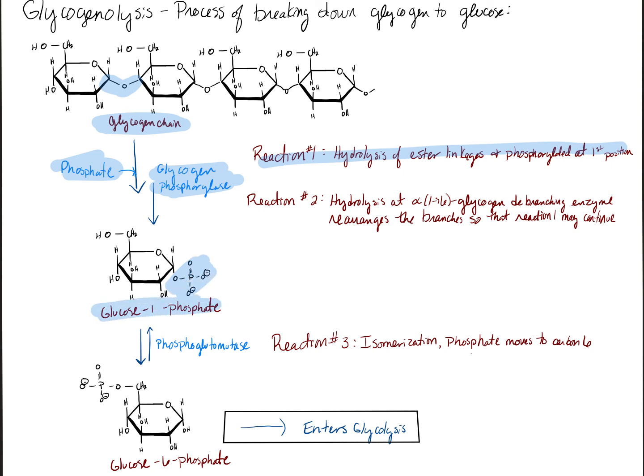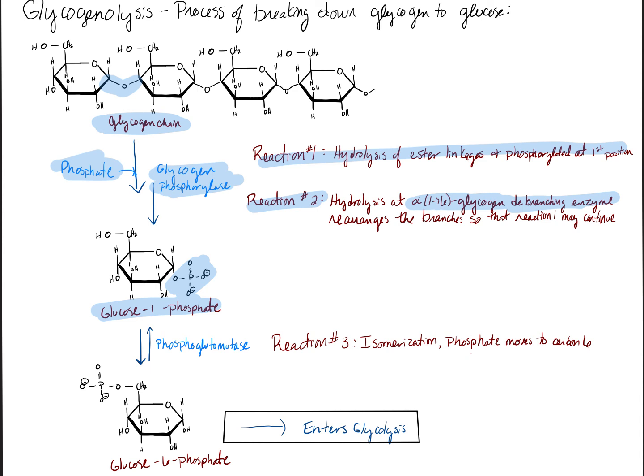Now, it's important to note that at the same time, reaction number 2 is taking care of anything that's an alpha-1,6 glycogen chain that's debranching this guy, and it rearranges it so that we can continue the process of cleaving off the end. You don't really see that so much here, but that is totally taking place.